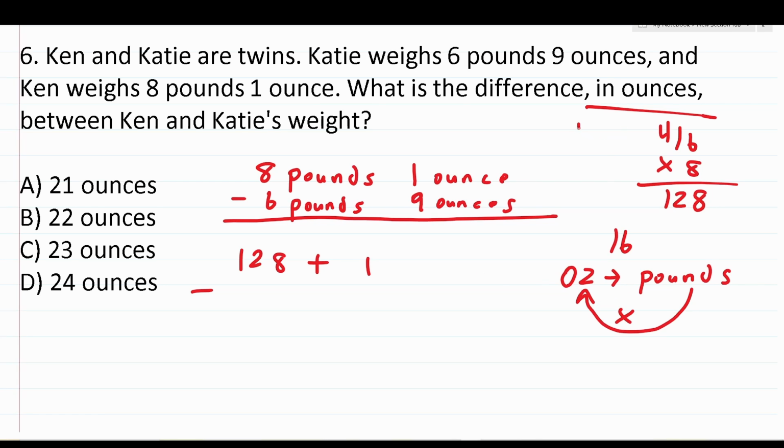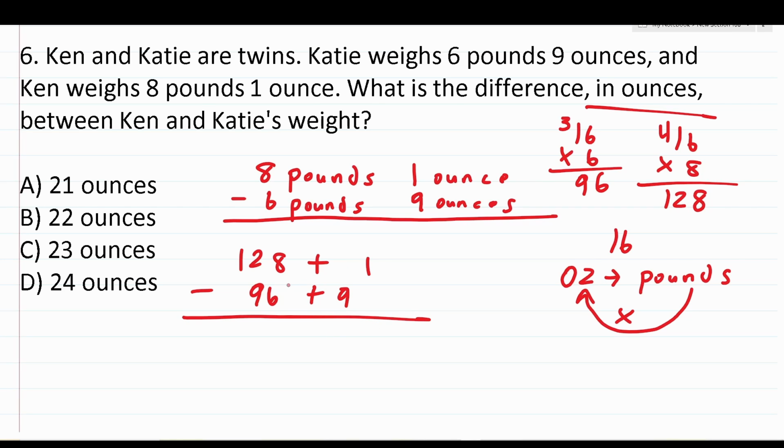We're going to take 6 and we're going to multiply it by 16, of course. 6 times 6 is 36. Carry a 3. 6 times 1 is 6 plus 3 is 9. All right, so this is 96 ounces. Of course, we have those 9 additional ounces that Katie weighs.